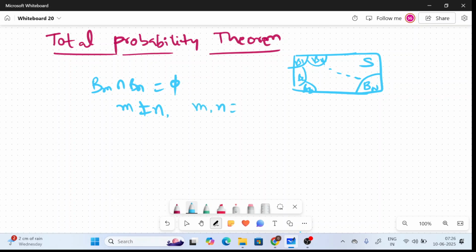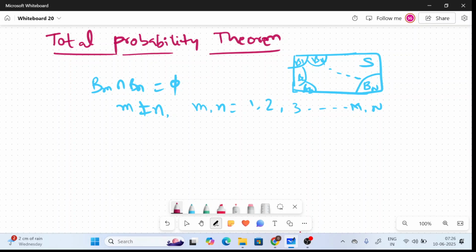M, n vary from 1, 2, 3, and so on up to capital N. Right? So this is a sample space which consists of n mutually exclusive events.